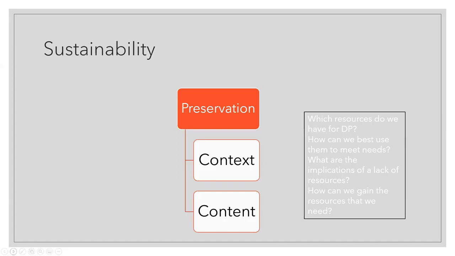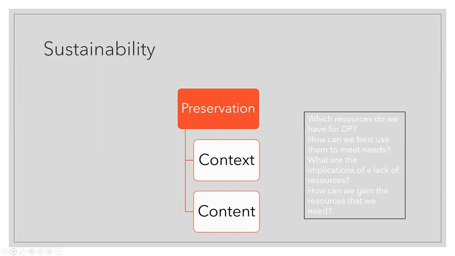What are the implications of a lack of resources? That might be we have to pass on a collection, or we have to distribute digital preservation responsibilities among a few different staff members instead of having just a specialist who only handles digital preservation. And also thinking about how can we gain the resources that we need.